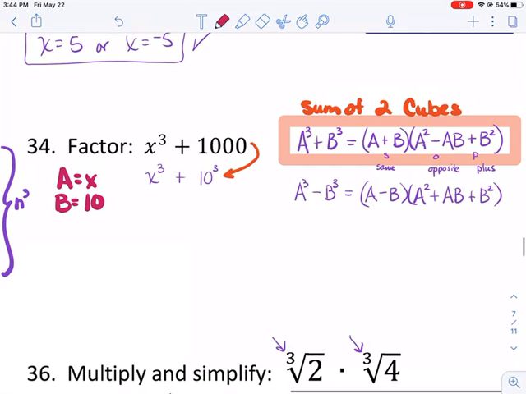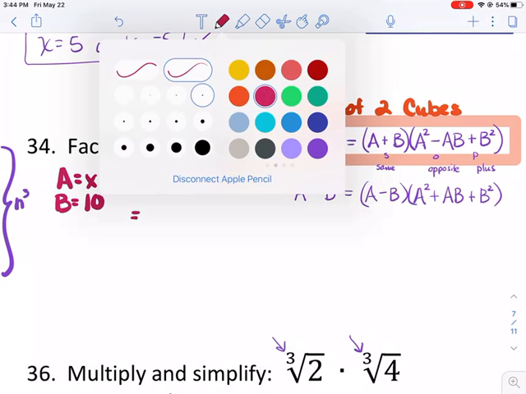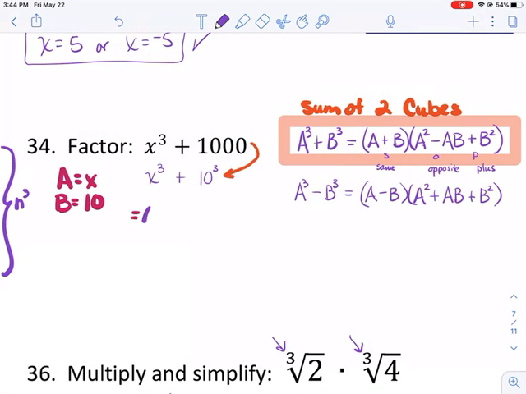So this is then equal to the quantity x plus 10 times x squared, here's my same, opposite, minus, I'm going to multiply the bases together, a and b, so I get minus 10x, and then it's going to be plus 10 squared.